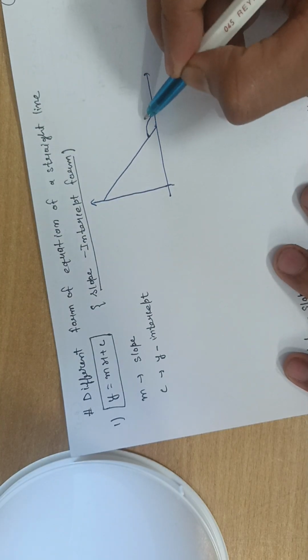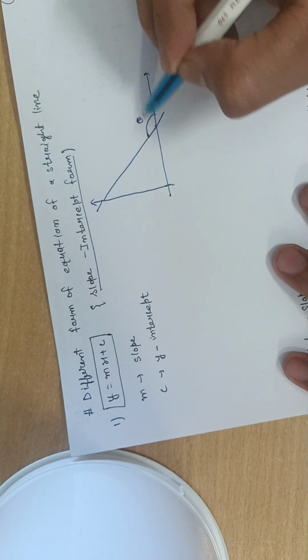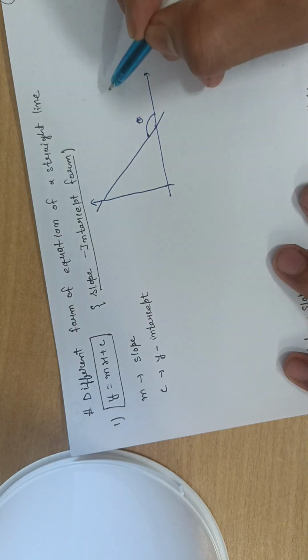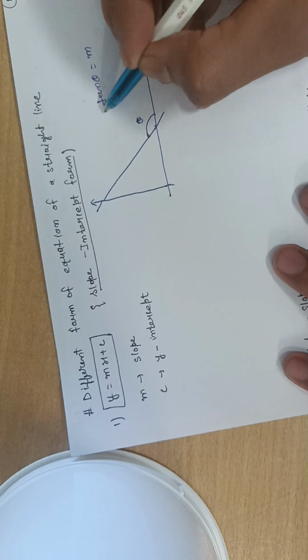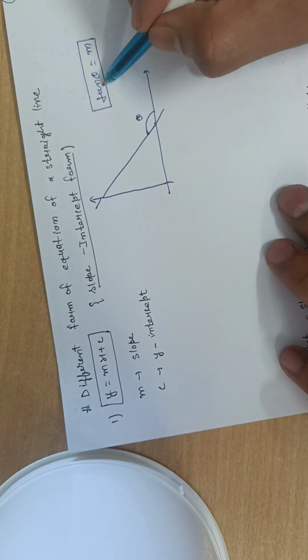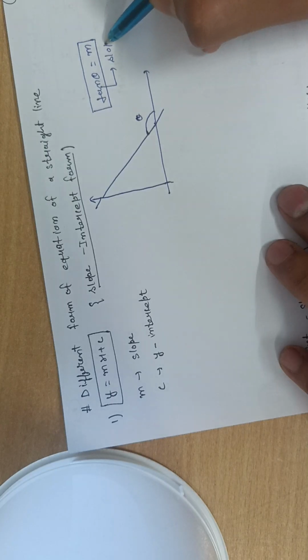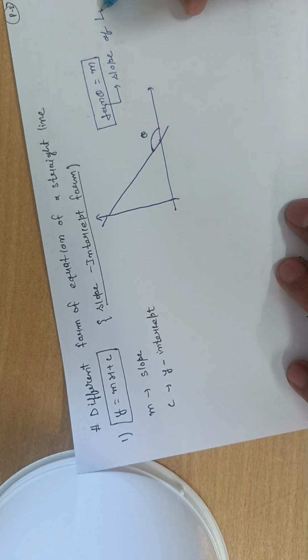If this is our line and this angle made by it is, let us assume, theta, then tan theta, basically, is the slope of a line. We call it the slope of the line.